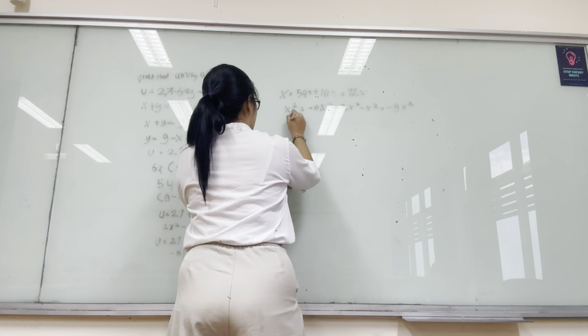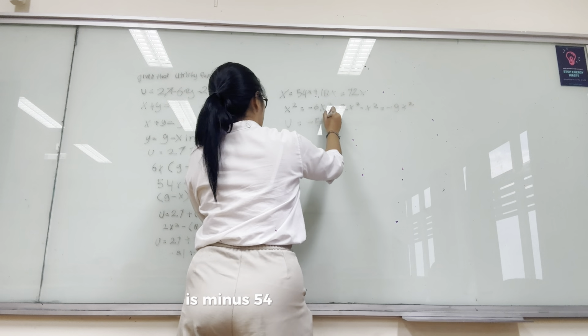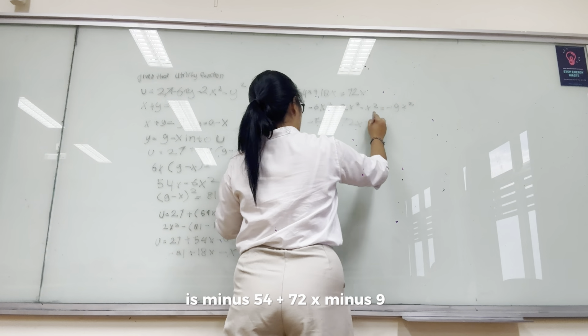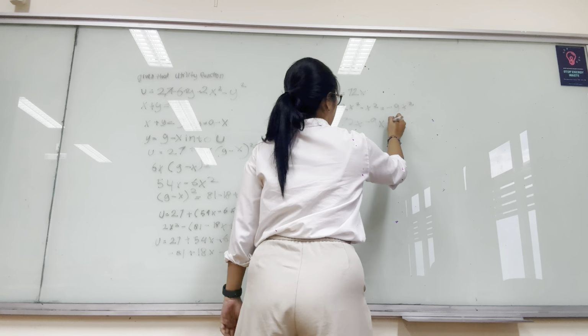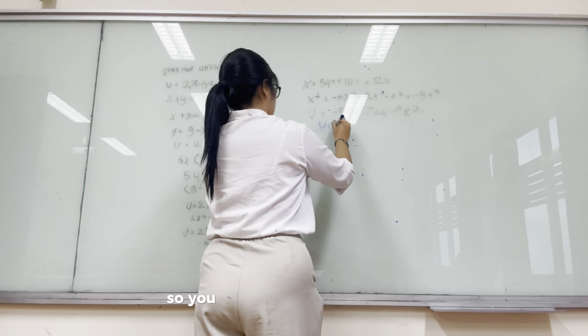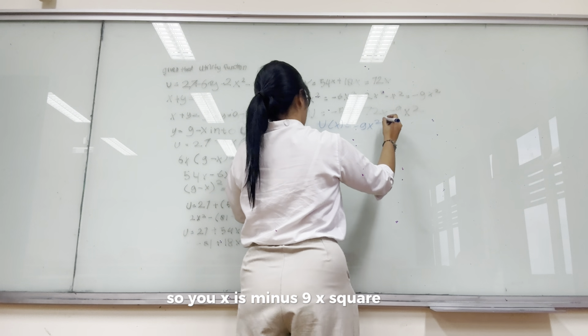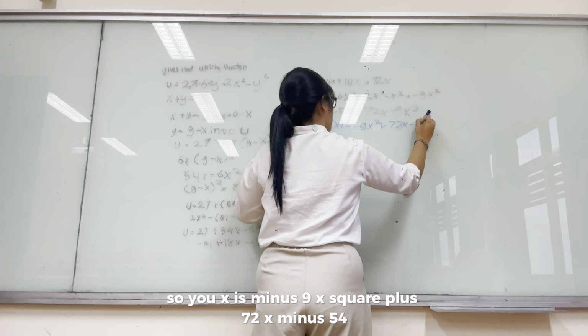So the U is minus 54 plus 72x minus 9x squared. So U is minus 9x squared plus 72x minus 54.